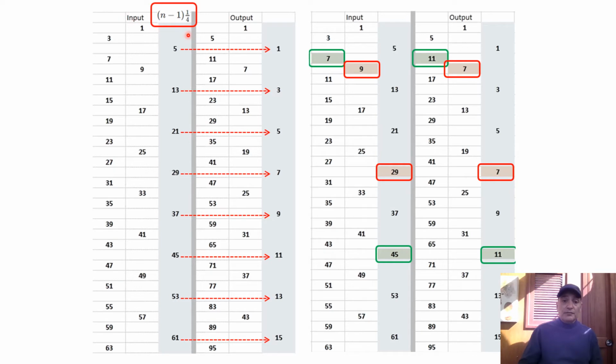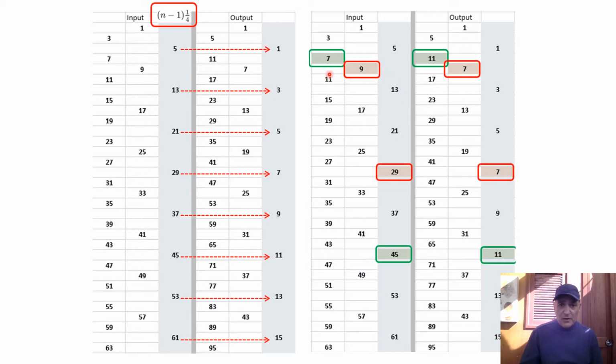When we look at this, we will see that all the numbers not divisible by 3 have two outputs that are the same. So, for example, 9 and 7 and 29 and 7. That's what I've shown here, 9 and 7, 29 and 7.